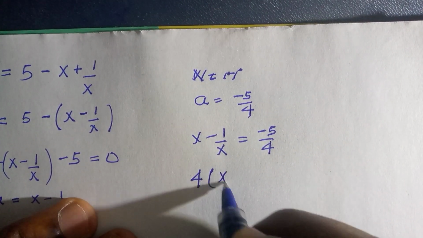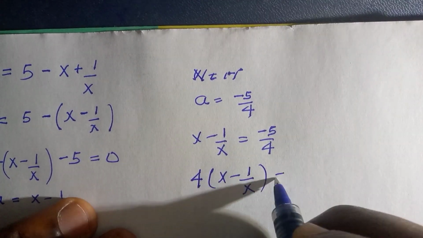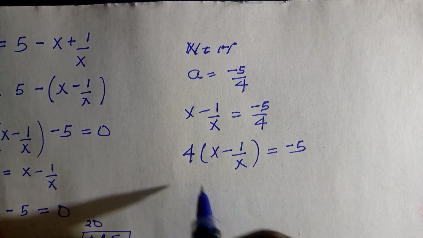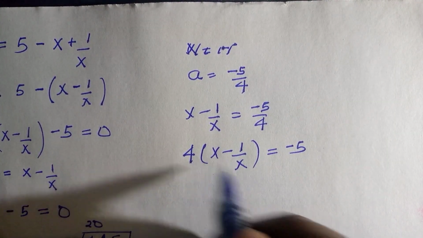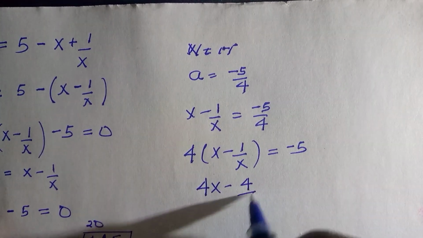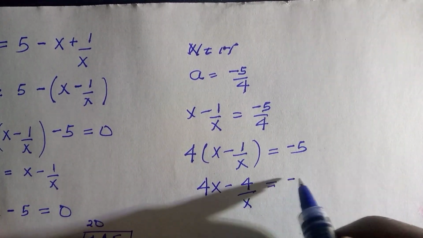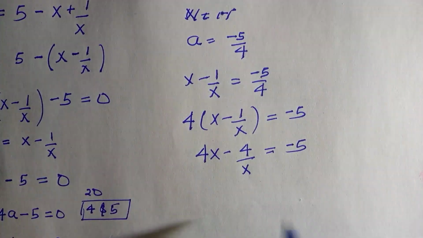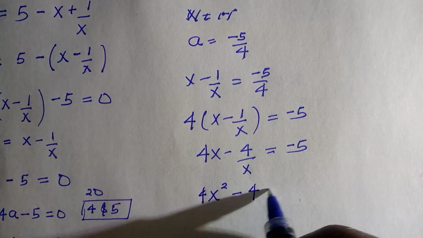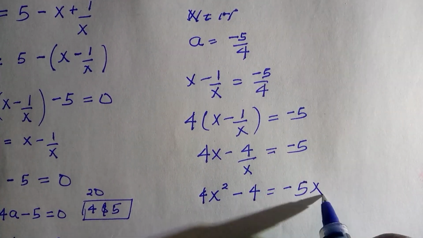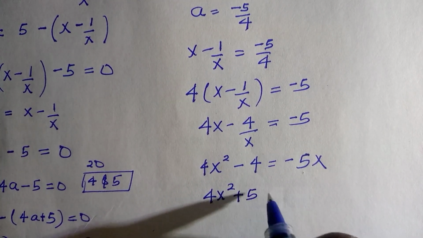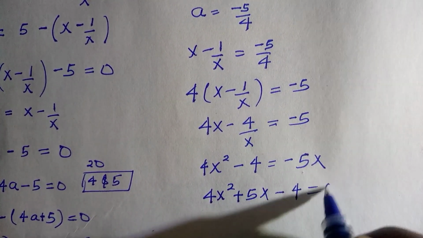Here we have 4 (x minus 1) over x equals minus 5. By expanding, and multiplying everything by x, we have 4x minus 4 divided by x equals minus 5. Multiplying throughout by x, we have 4x squared minus 4 equals minus 5x. By collecting the like terms, we have 4x squared plus 5x minus 4 equals 0.